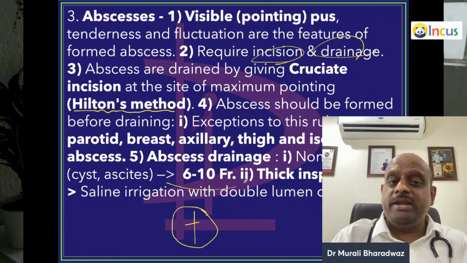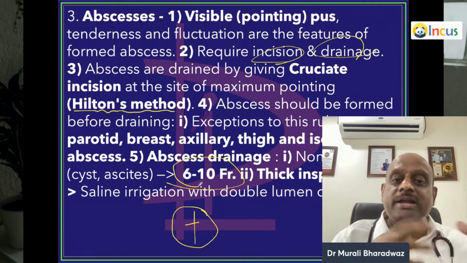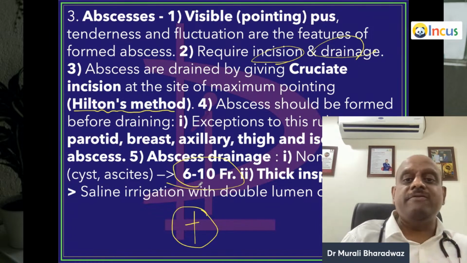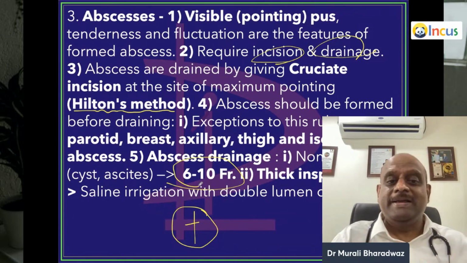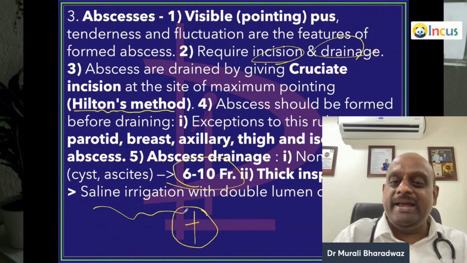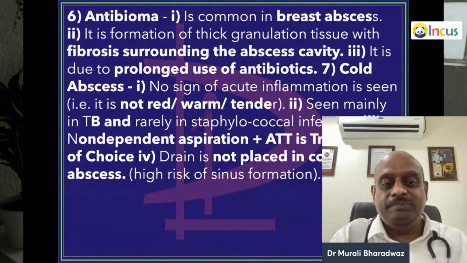Whenever there is a non-viscous cyst or ascites, then we use a 6 to 10 French catheter. If it is a thick inspissated abscess, then we do saline irrigation with a double lumen catheter is what we need to remember.